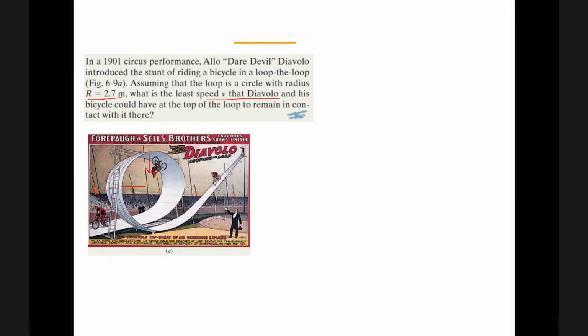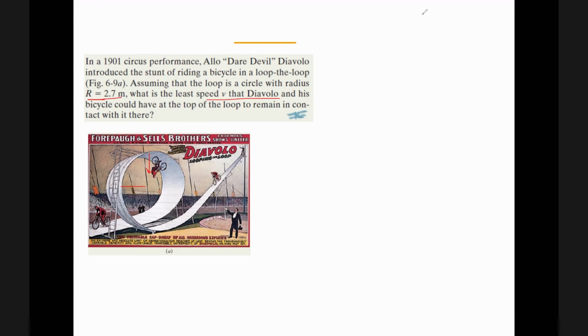If the normal force becomes 0, he loses contact. Normal force is 0 when you don't have contact with the surface. So he's asking you, what is the least speed this person could have so that his normal force will be on the threshold of being 0.